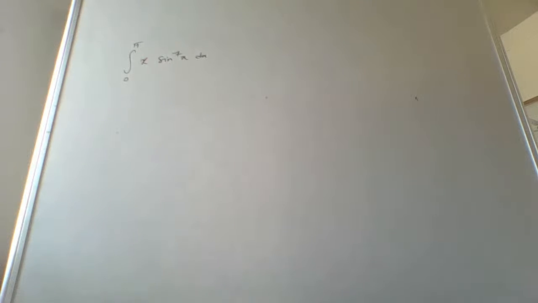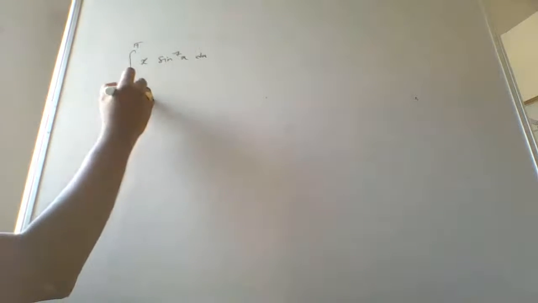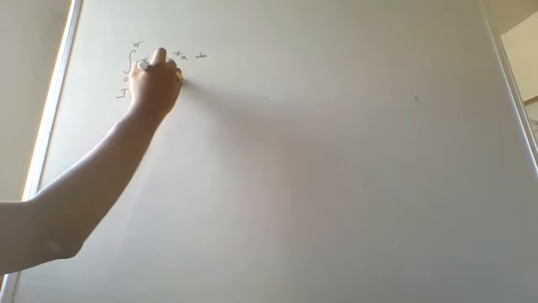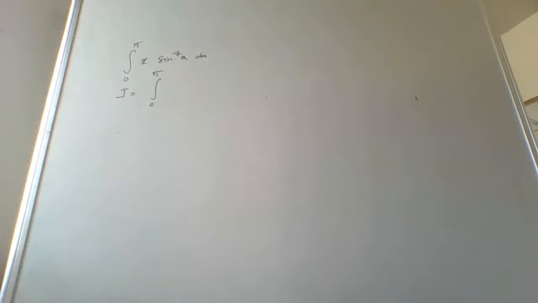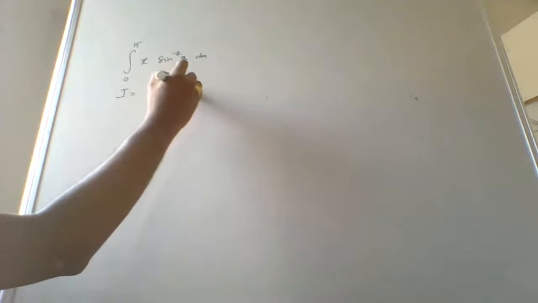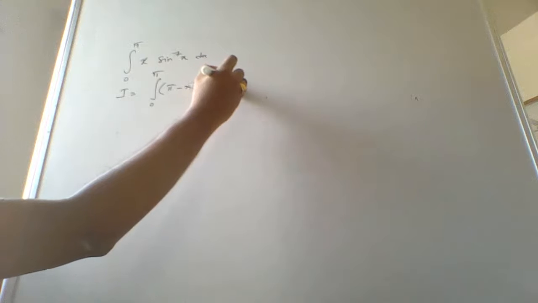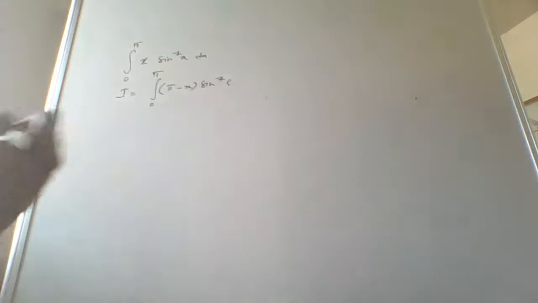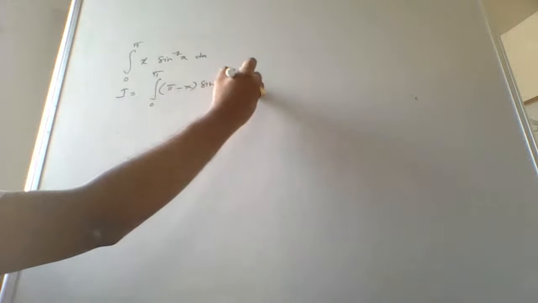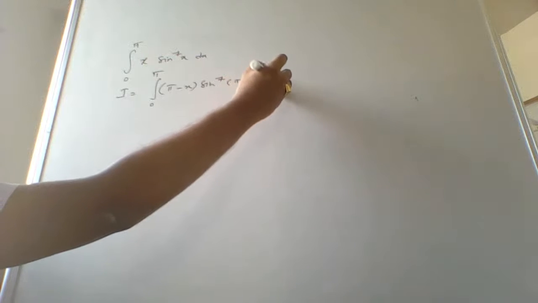This is I equal to the integral from 0 to pi. Now that would be pi minus x, sine power 7, again of pi minus x.